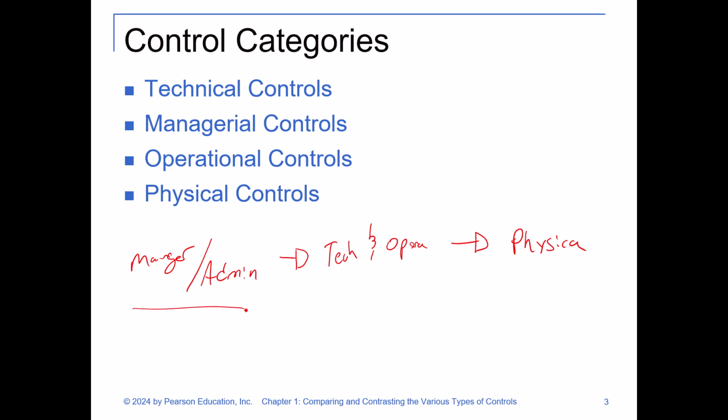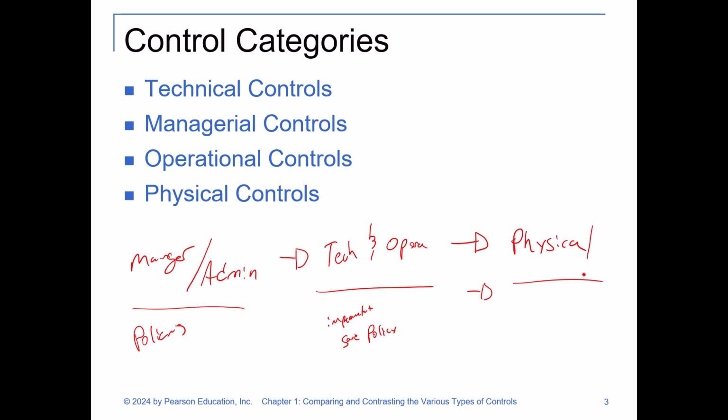So administrative or managerial are the policies. The technical and operational could be the implementation of said policy. And if there is a physical component, that would be under the physical.